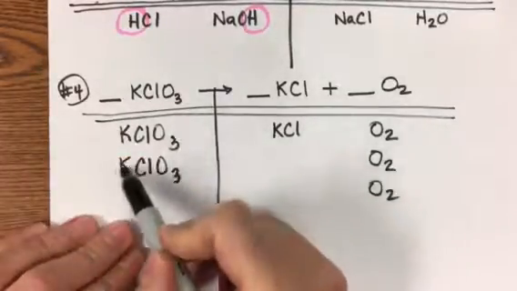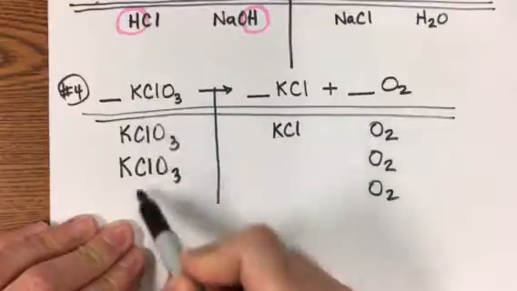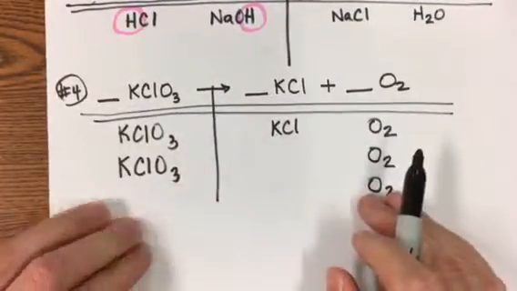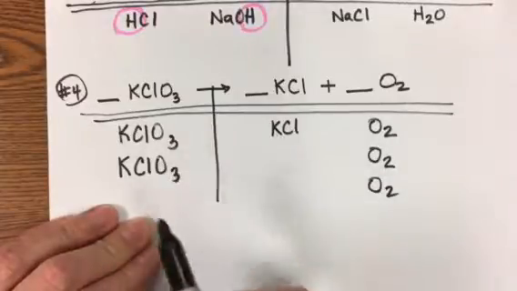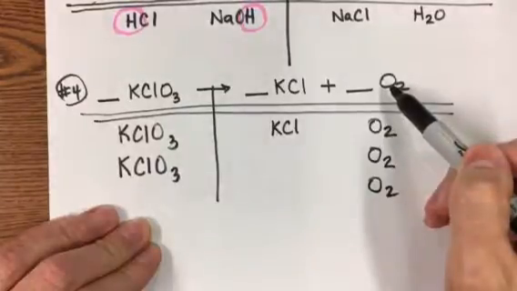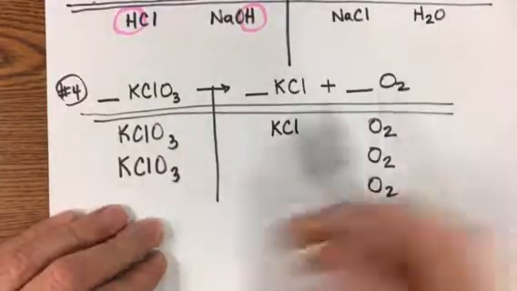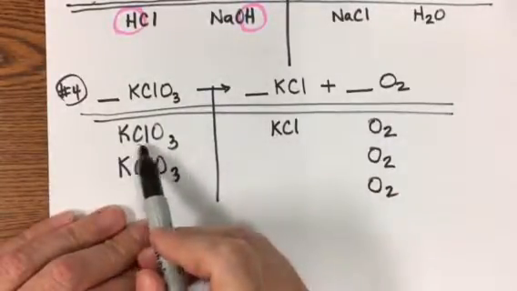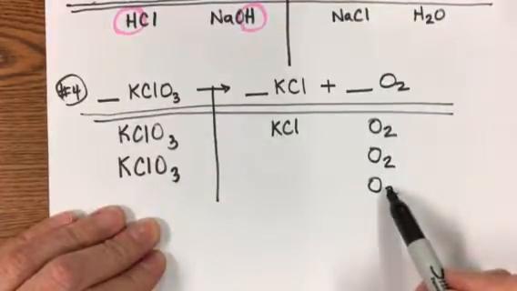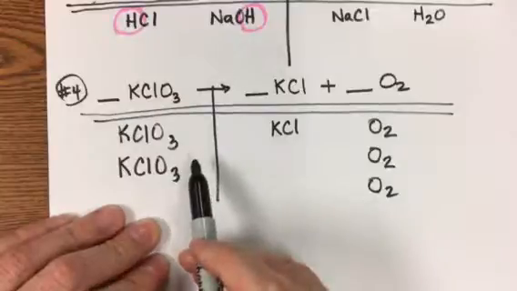I have to repeat the whole formula as many times as necessary to get the balance right. I cannot just repeat part of the formula. It has to be the whole formula. You cannot change the formulas in these things just to suit your needs. So I have KClO3 twice, and I have oxygen repeated 3 times on the right-hand side.